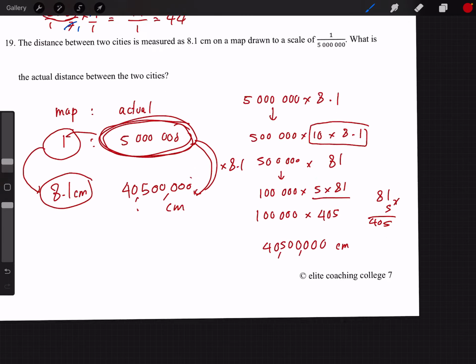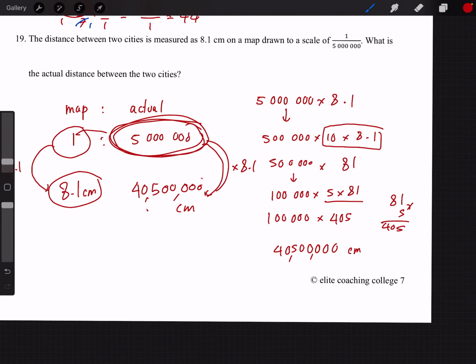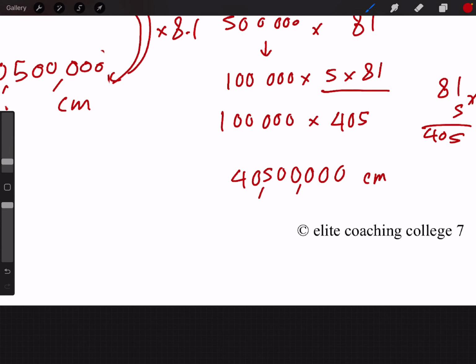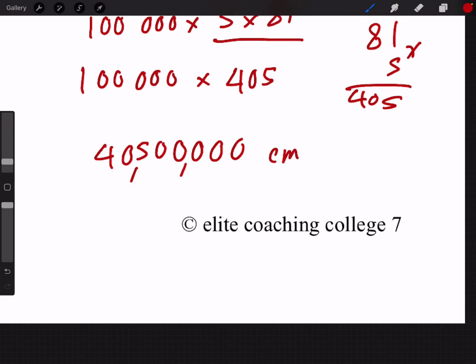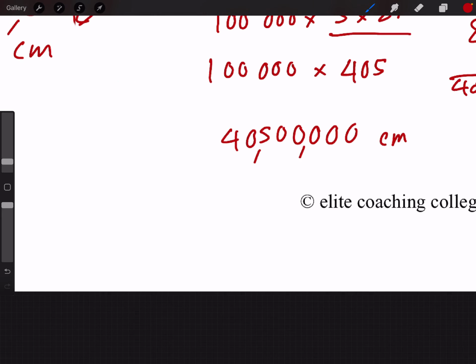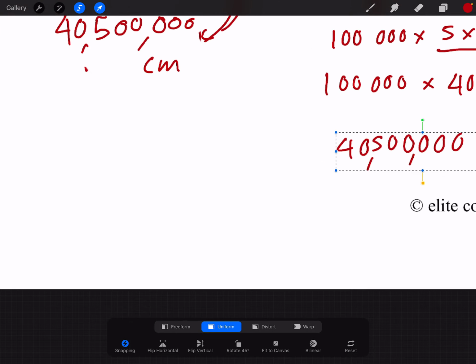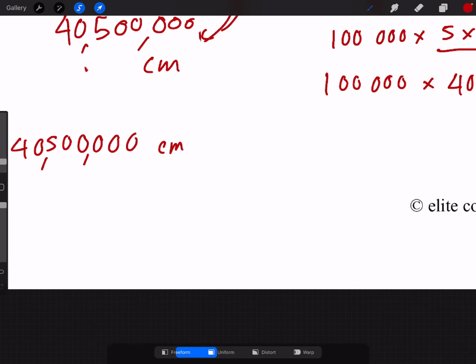centimeters. But we shouldn't leave it like this. Because when you talk about the actual distance between two cities, it should be in kilometers. So let's take this one and divide it by... Let's turn it to meters first. Okay, so let's bring it over here. And now we're going to turn to meters.